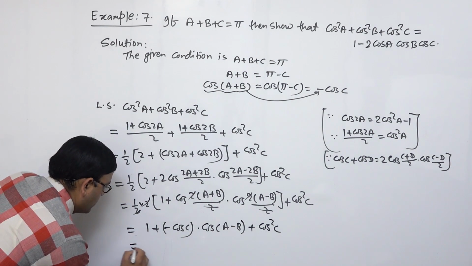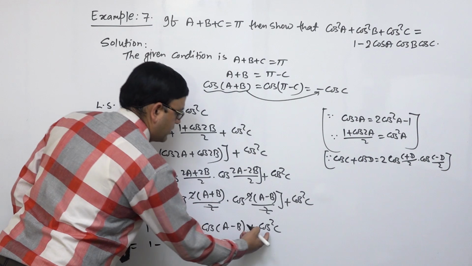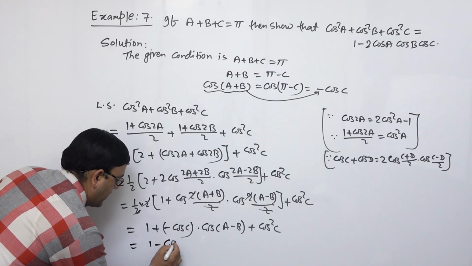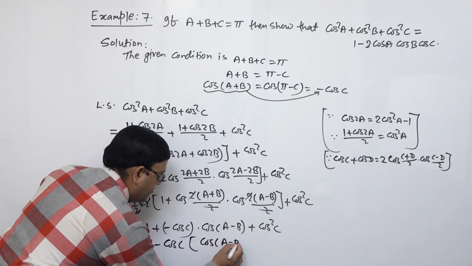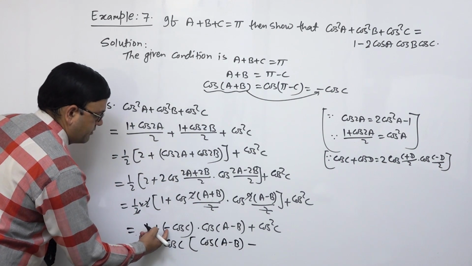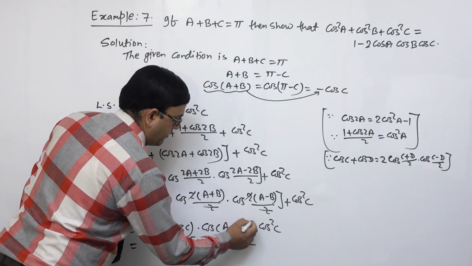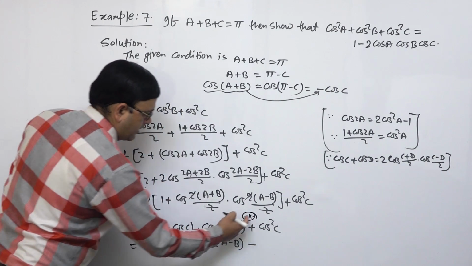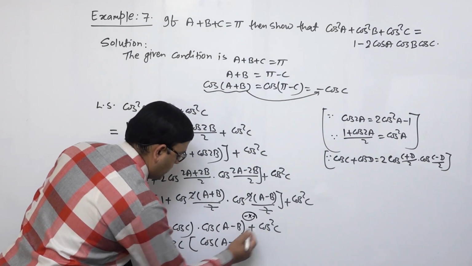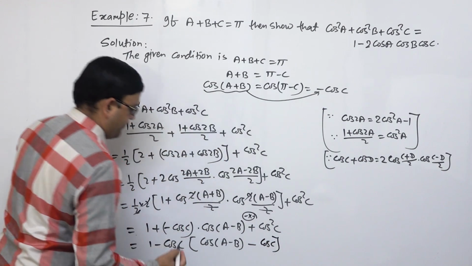Now this is equal to 1 minus, if we take cos C and cos C common, then we can write cos C common, then cos A minus B minus, because here is minus, so we take minus common, so plus, we have minus times minus is plus, so one minus is common, another minus is here, minus 1, cos C is common, then another cos C is left.